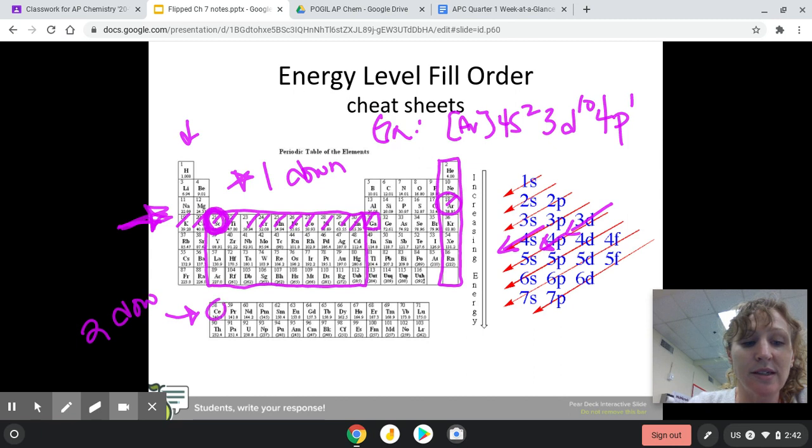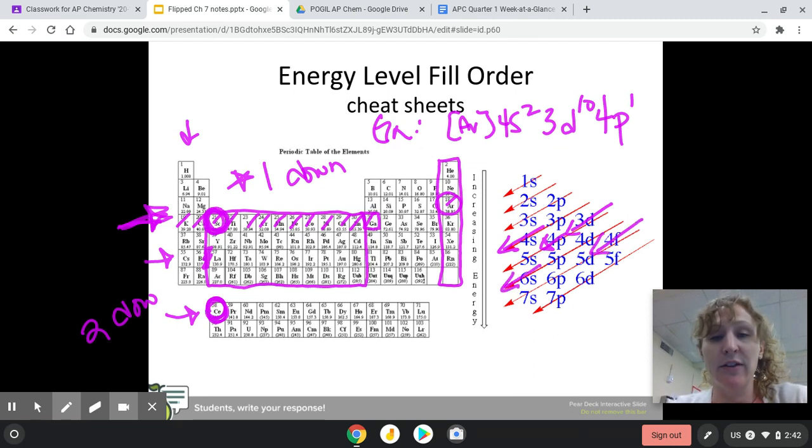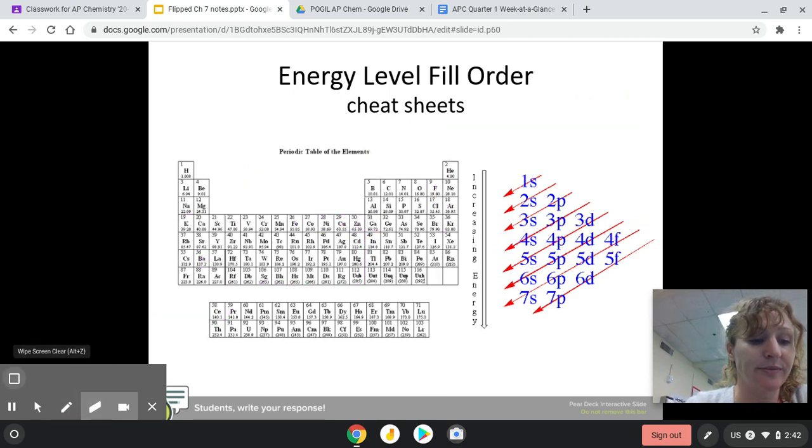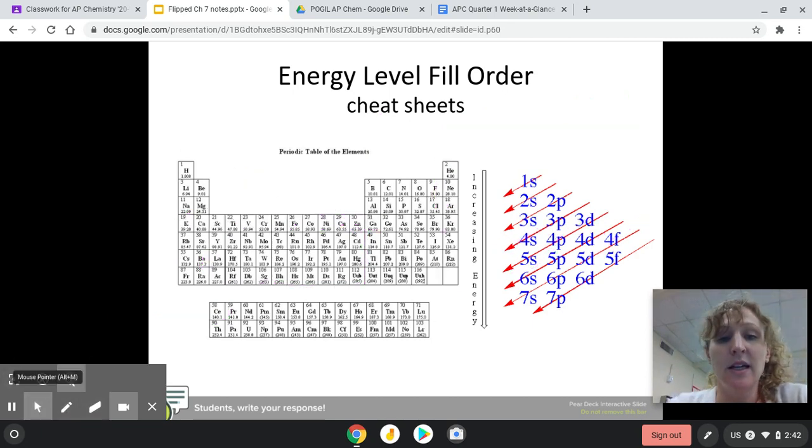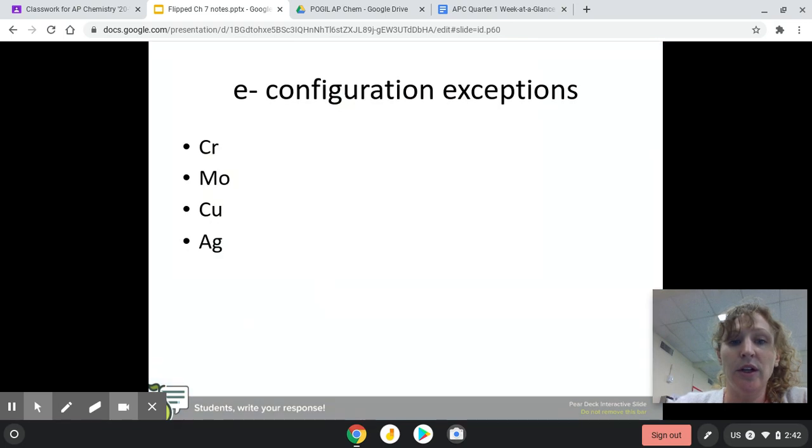So even though you're in the 6th row right here, it's not 6f, it's 4f. And if we compare that to our chart on the side, 4f is going to fill right after 6s. So remember those 2 catches when you're using the periodic table to fill in these electrons. Okay, we're going to go through those questions together.